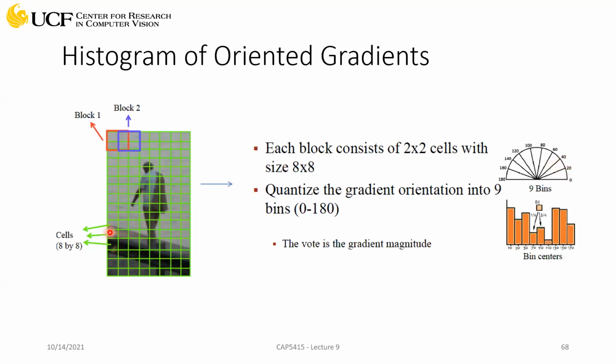If you have an orientation of 30 degrees, you just take that magnitude and put it in the second bin, and you keep doing that. That gives you how many pixels have an orientation which falls in this particular bin or that particular bin. So that's exactly what we're computing. At the end, this histogram gives you a sense of which was the most dominant edge in this particular cell.